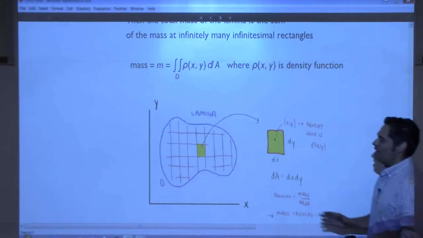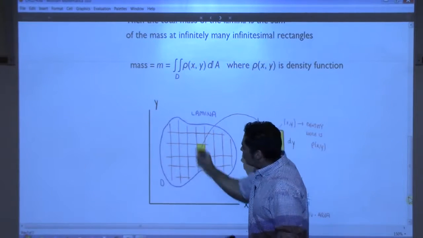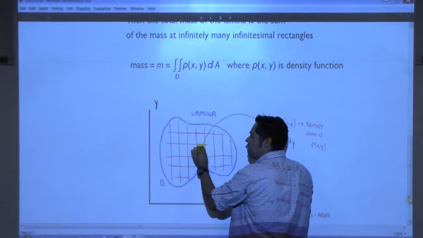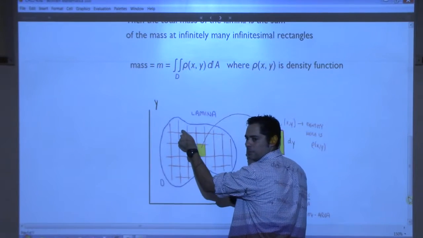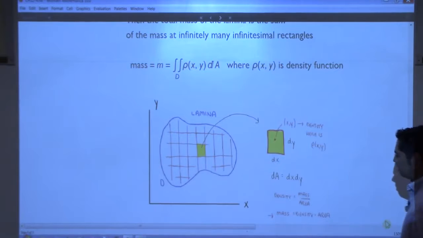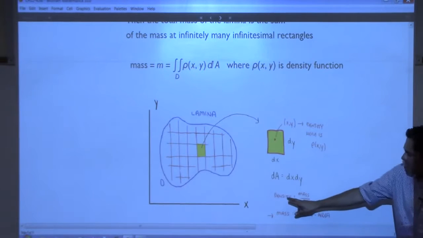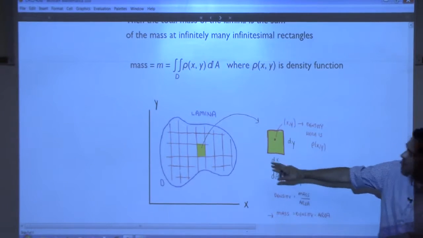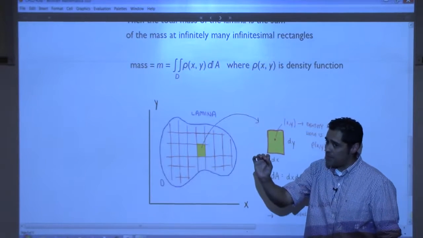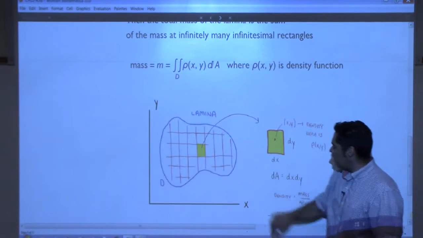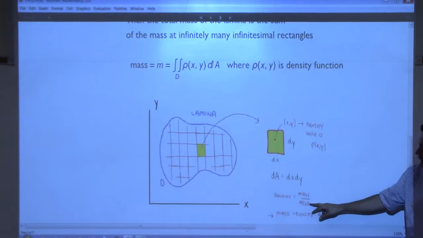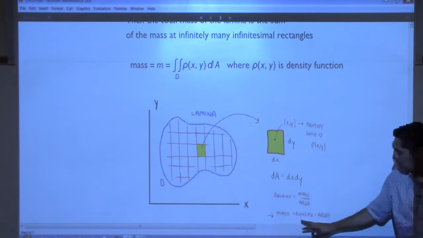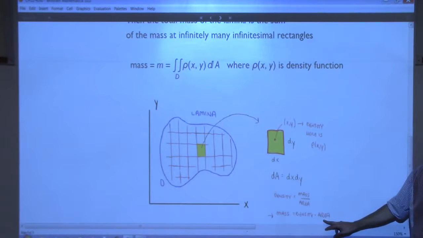So you're basically cutting up this lamina into a bunch of little tiny rectangles, and you're finding the mass at each one. If you know the density at every point, which has to be given to you, density being mass over area means that you can solve this for mass, and mass would be equal to density times area.